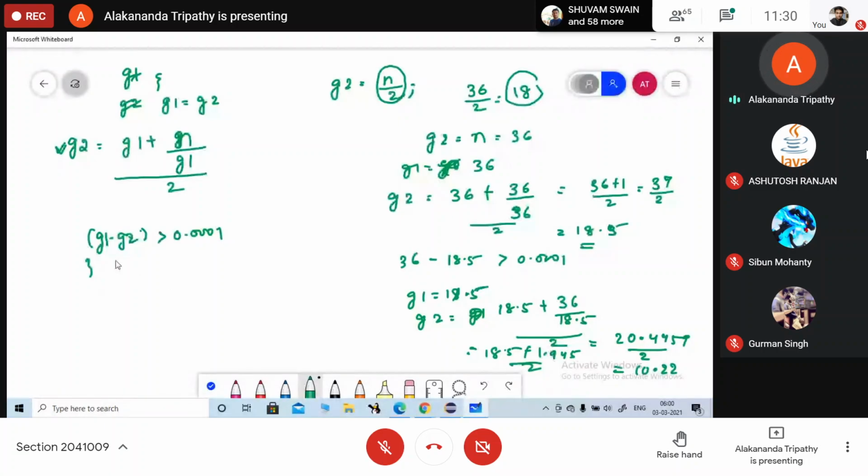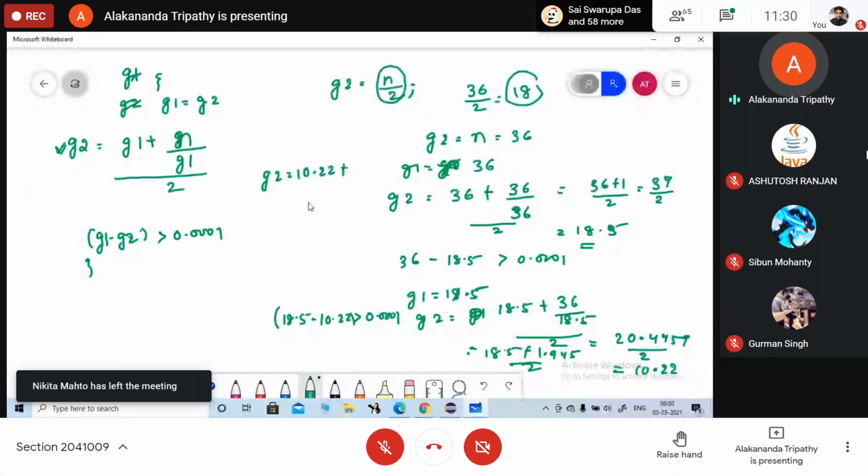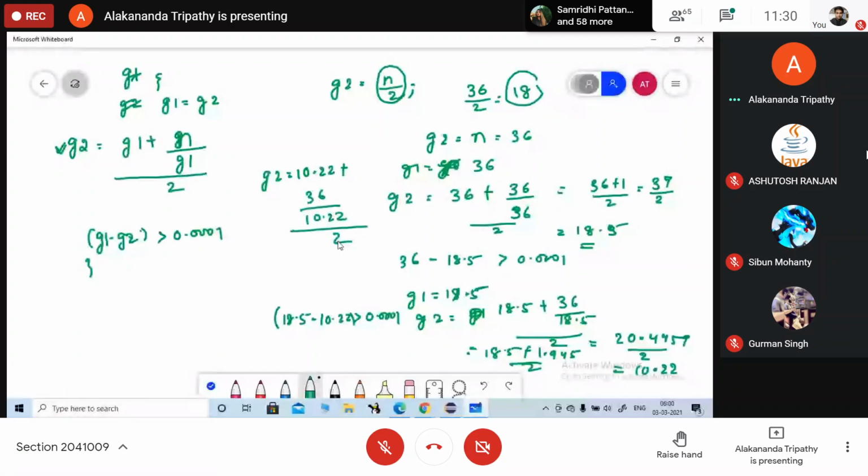Now G1 कितना है तुम्हारा? What is the G1 value? 18.5 minus 10.22. It is greater than 0.001, isn't it? Yes ma'am. Again you need to do this step. तो ये हो गया कितना? 10.22 plus 36 divided by 10.22 whole divided by 2.